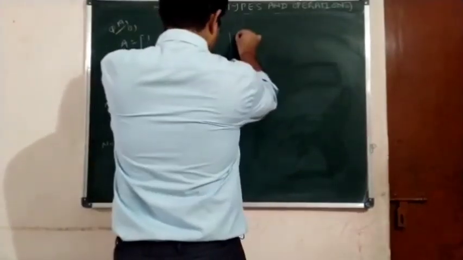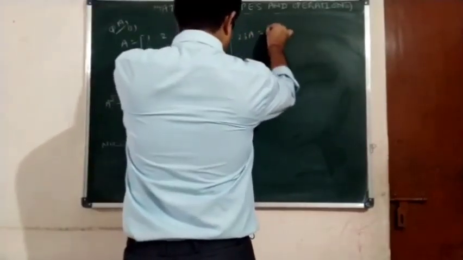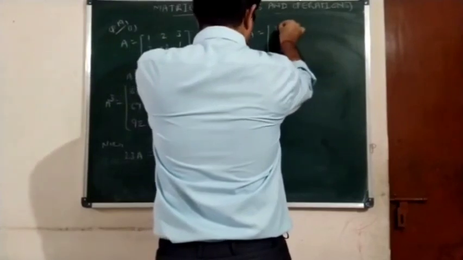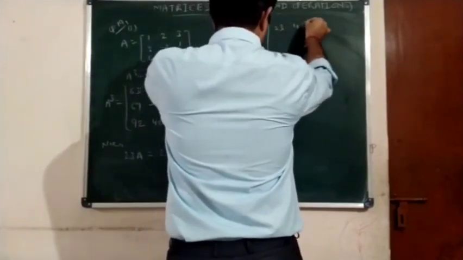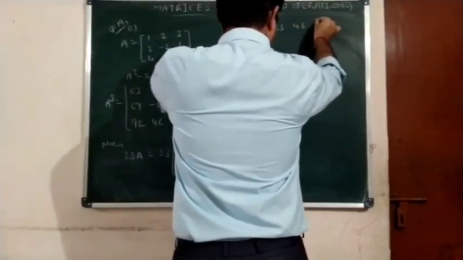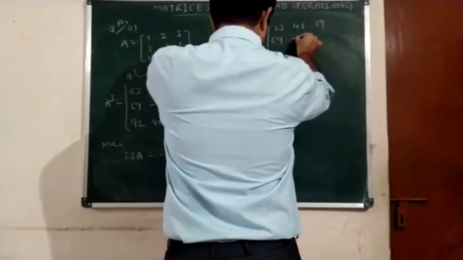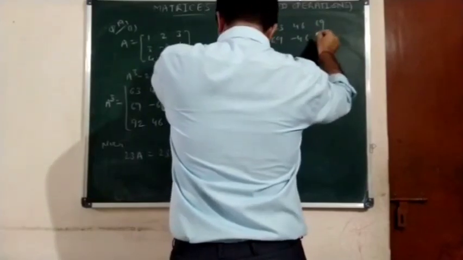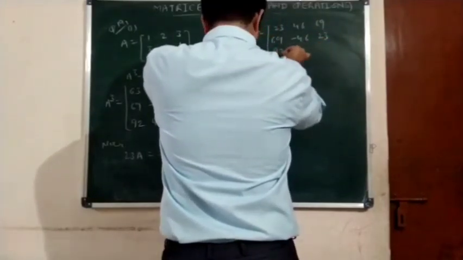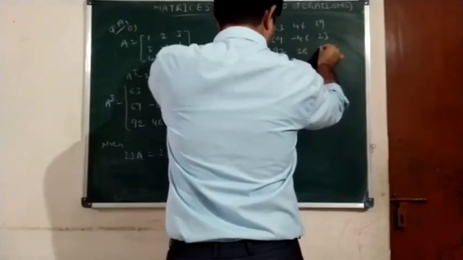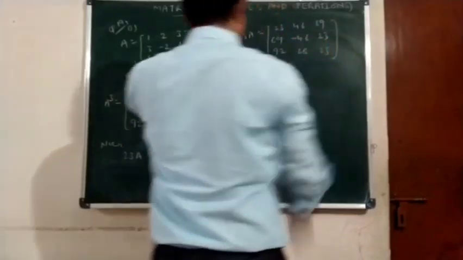So 23 into A is equal to 23, 46 and 23, these are 69. Again 69 minus 46, 23, 92, 26 and 23.